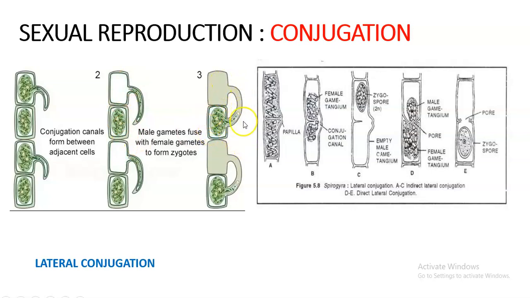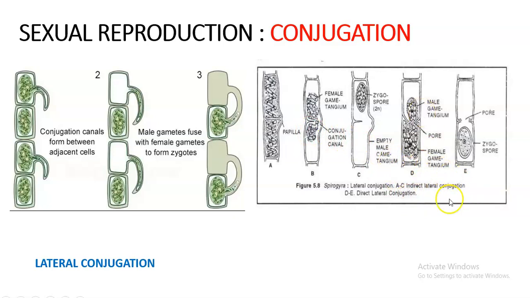This can happen either like this, a tube formed either like this or like this, when the septa between two cells are dissolved and a conjugation canal is formed directly within the same thallus, between the two cells by just dissolving the middle septa. So this is also a form of lateral conjugation. So this is it.